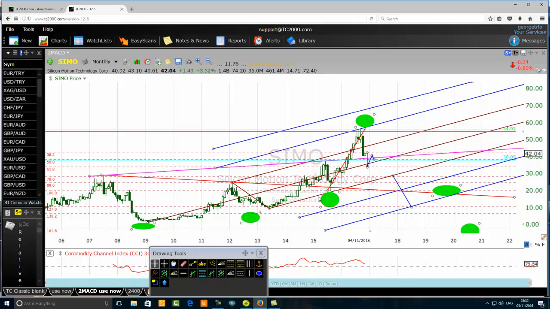So this one here, this double bottom chart pattern inside the Pitchfork tool on the edge of this red trend line, this was a high probability trading setup.